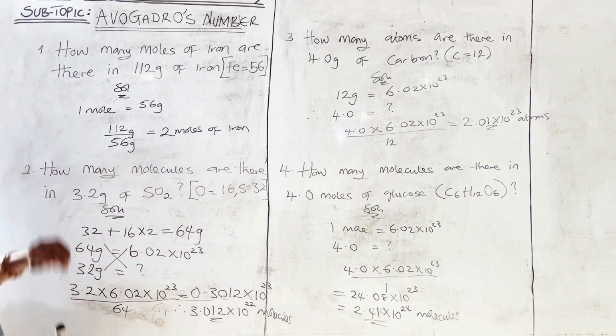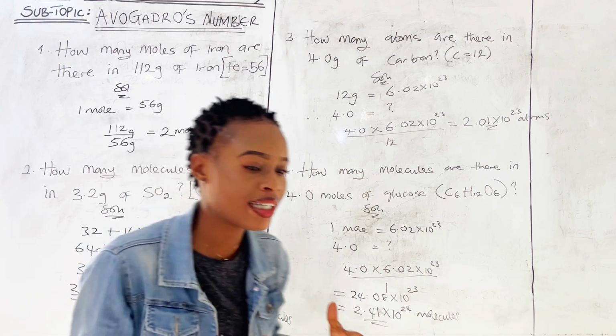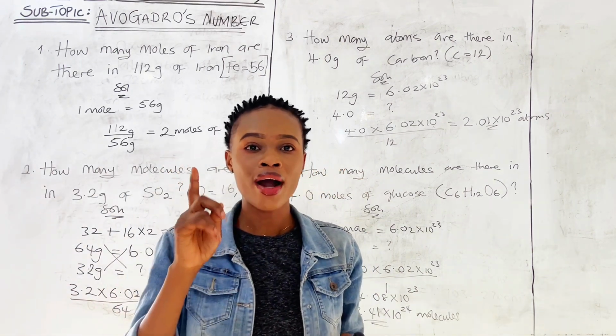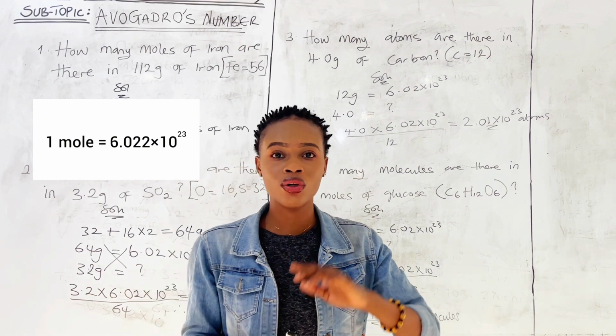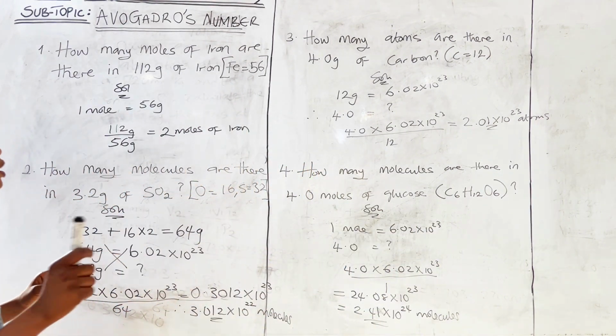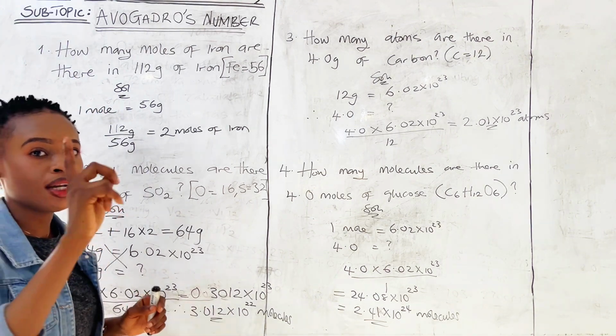Okay, so solution, how do we solve this question? When I talked about Avogadro's number, I said it is used to classify a group of particles. That is to say that 1 mole is equal to what? Avogadro's number. So if 1 mole is equal to Avogadro's number, to solve this question, we have to know what 1 mole is.